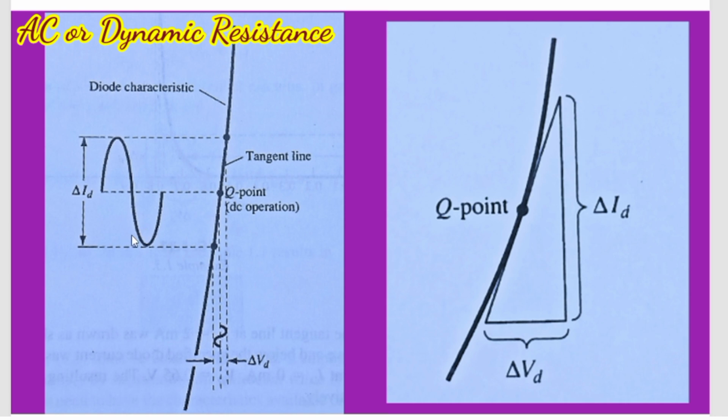The varying input will move the instantaneous operating point up and down a region of the characteristics and thus defines a specific change in current and voltage, as shown here. With no applied varying signal, the point of operation would be the Q point appearing here, determined by the applied DC levels.